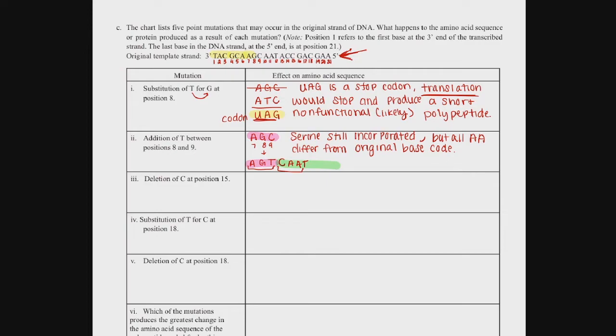Okay, deletion of C at position 15. So deletion does something similar, though of course it is different than an addition. So in this case, a deletion at position 15, which is this guy up here, would make the first 4 amino acids stay the same.